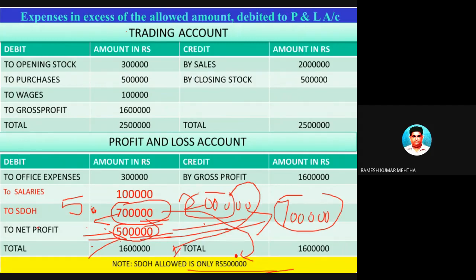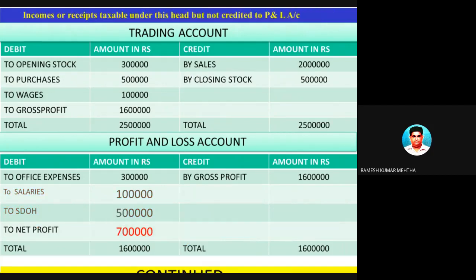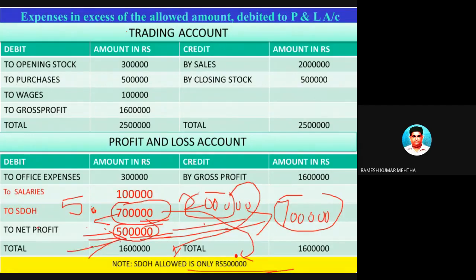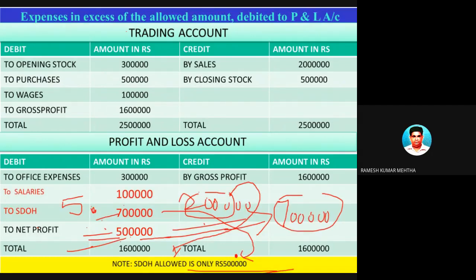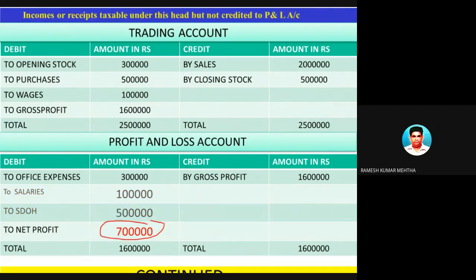Okay, so if I put it in a proper manner, this profit and loss account appears like this. Previously it was 5 lakh rupees. Now once I am correcting the profit and loss account, the profit has changed from 5 lakhs to 7 lakhs. Previously I had shown selling and distribution overheads on the debit side of profit and loss account of 7 lakhs, but it should have been only 5 lakh rupees.